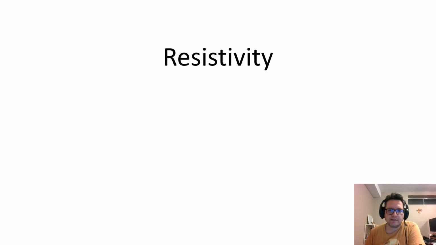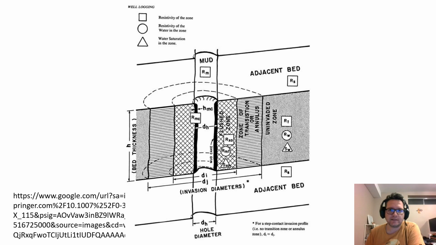Now the resistivity, because it's a logarithmic scale, it's a bit harder to read. This is the schematic that Amir gave us. We are just interested in the reading of the resistivity in the uninvaded zone, in the virgin zone. So that's our RT, and the resistivity of the water in that zone, which is our RW.